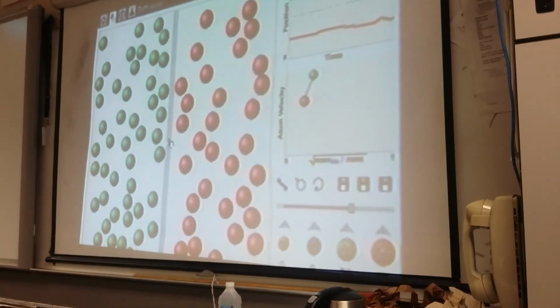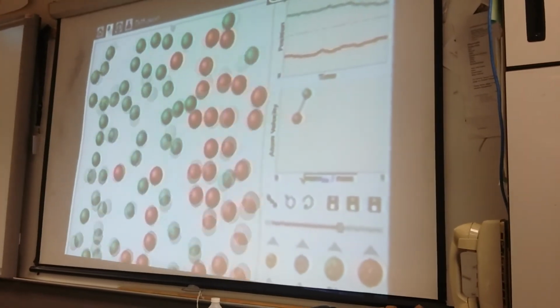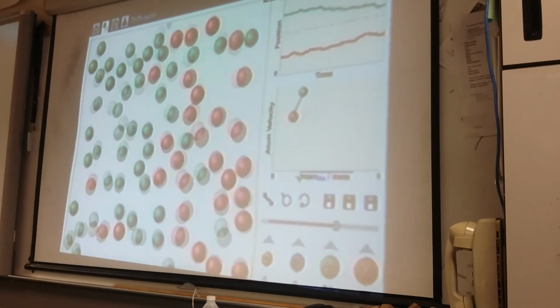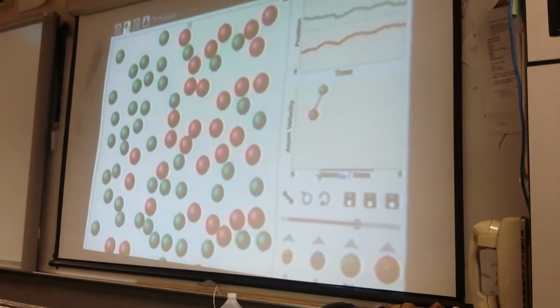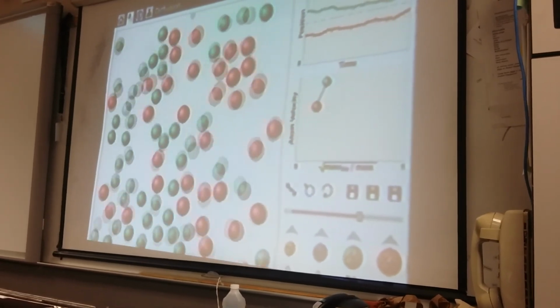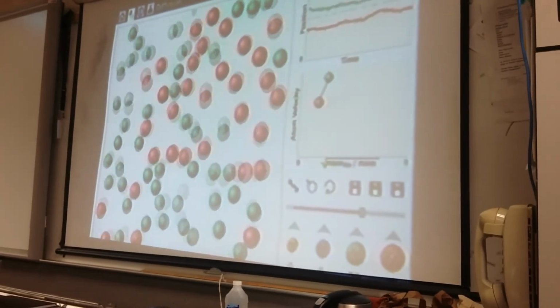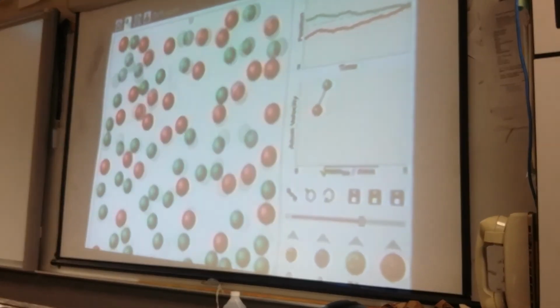So let's get these guys moving. I'm going to remove the barrier, and we're going to watch. And you will see that the molecules are moving from where they are more concentrated to where they are less concentrated. Agree? The red ones are moving mostly to the left, and the green ones are moving mostly to the right. How do they know to move left and right? Random motion.